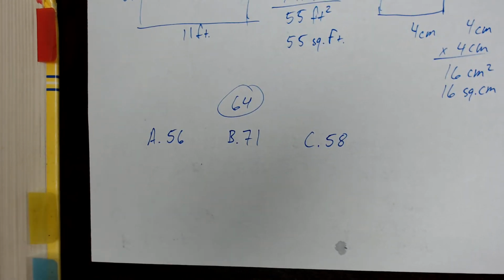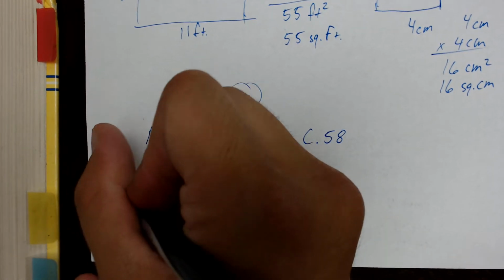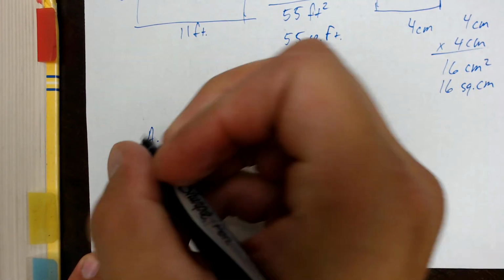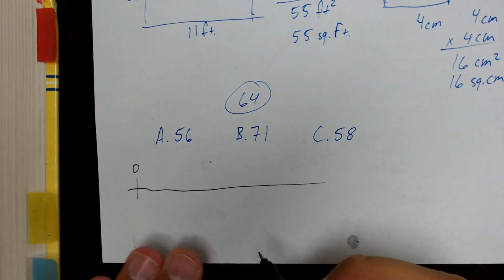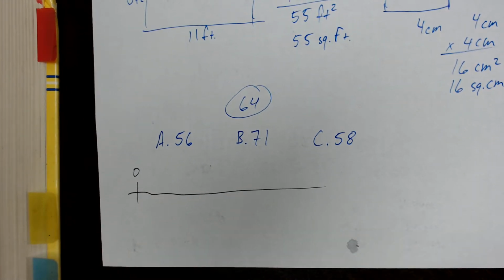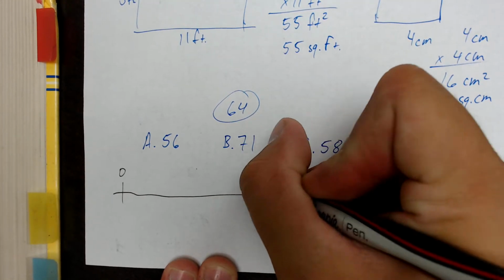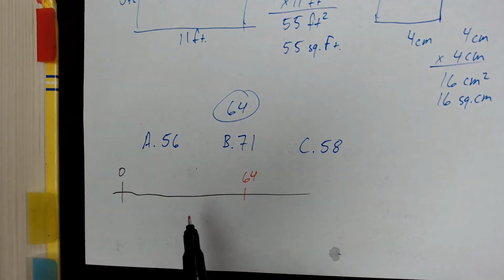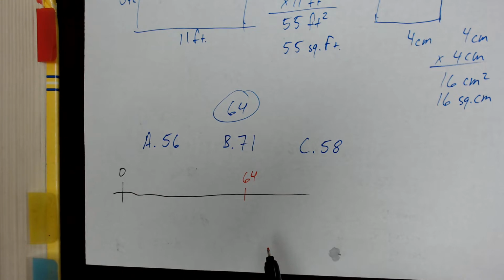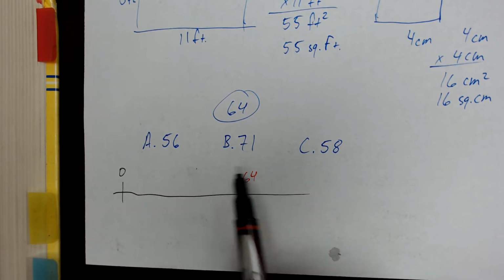There's 2 ways we can do this. We can either just use simple subtraction, or we can do this logically with a number line. So I'll go ahead and draw a number line, and this number line will not be to scale, and that's okay. So I've got 0, and then somewhere far down the number line, I have the number 64. In order to figure out which number is closest to 64, all I have to do is mark the other numbers on here.